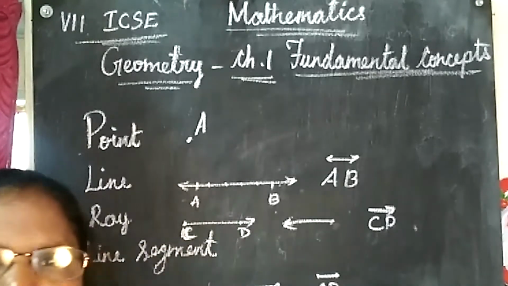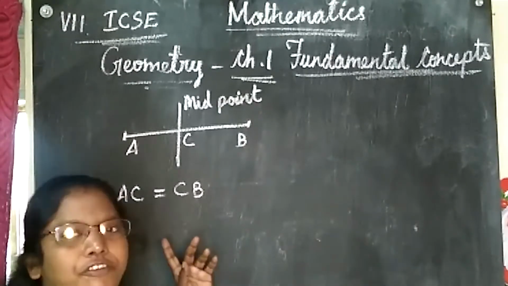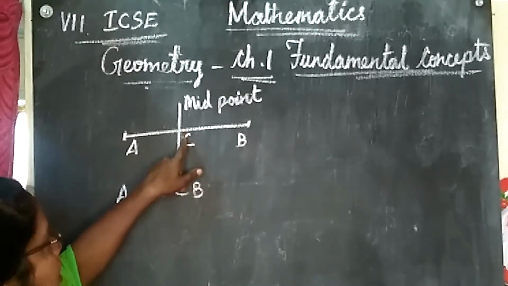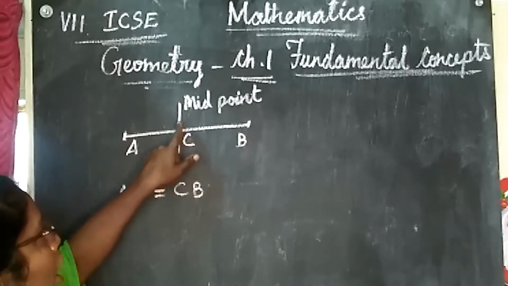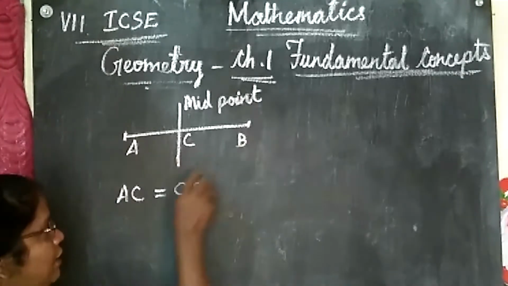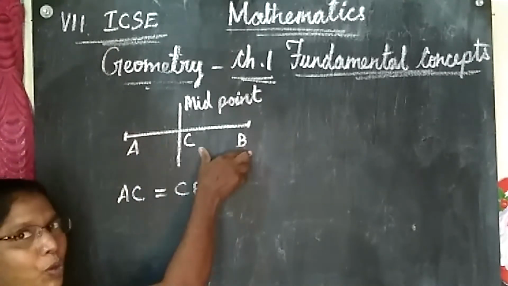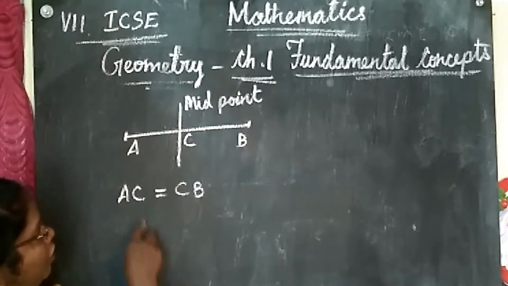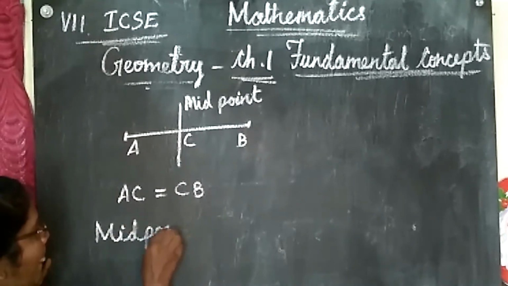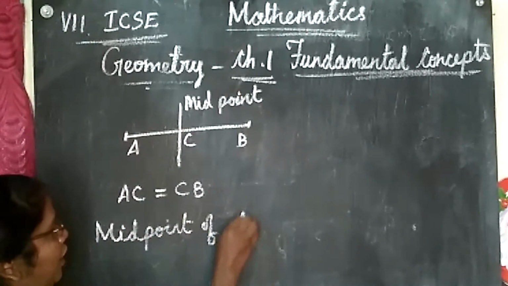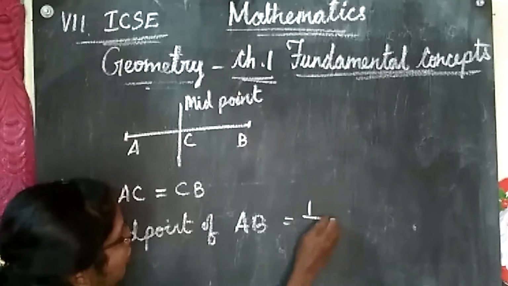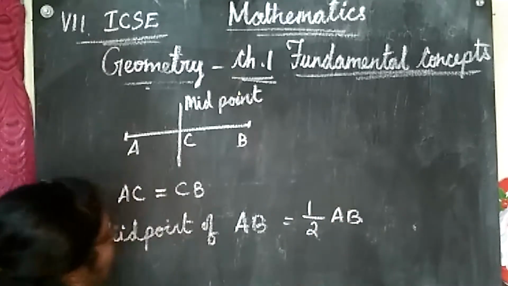Next, how to find the midpoint? How to find the midpoint of AB? Midpoint is given as C here. C is the midpoint. How to find the value of AC and CB? Here AC is equal to CB. So the midpoint of AB is equal to half of AB.